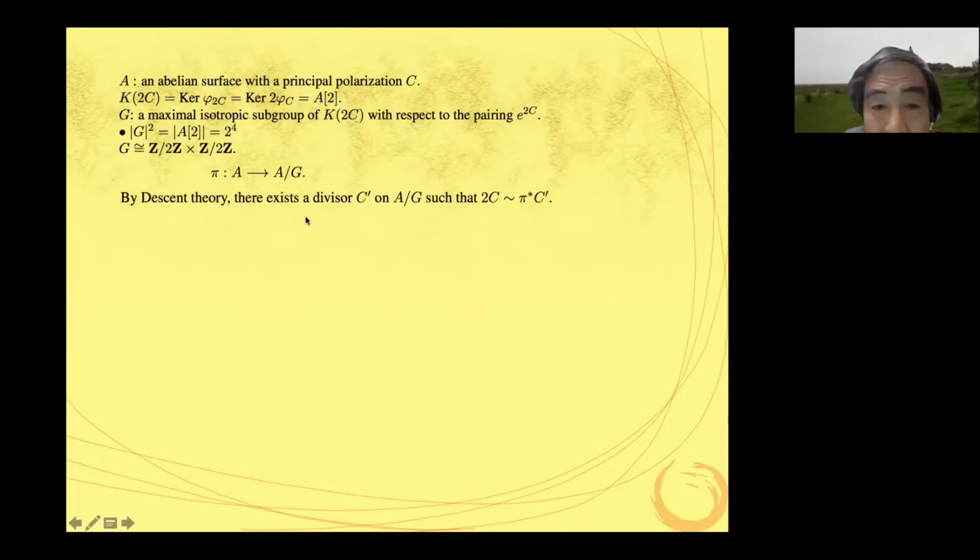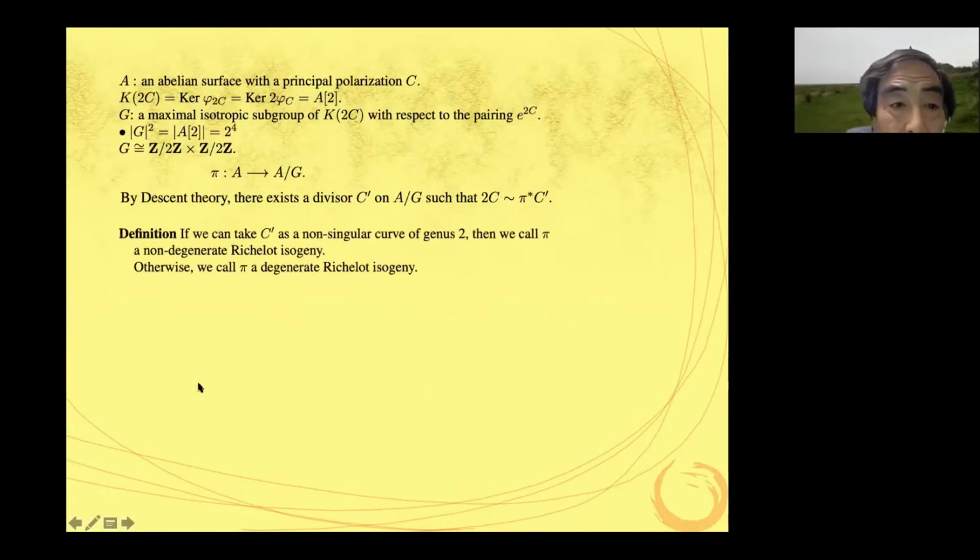And by descent theory, we can find C prime on here, such that the pullback of this is linearly or numerically equivalent to 2C. And by the definition, if we can take C prime as a non-singular curve of genus 2, then we call pi a non-degenerate Richelot isogeny.